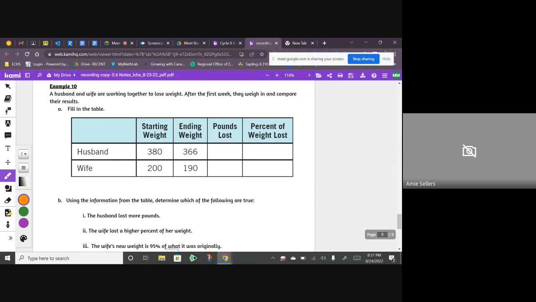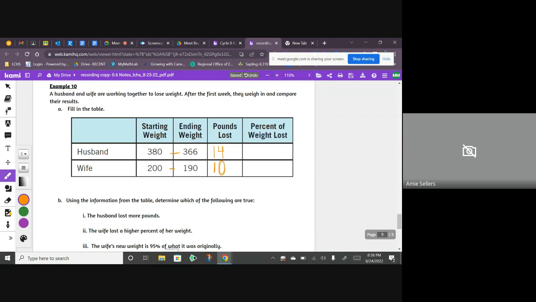To find the pounds lost, we can just subtract those two. So for him, we have 14 pounds lost. For the wife, we can do the same thing. Her starting weight was 200 and her ending weight is 190. So if we subtract, she has 10 pounds lost.